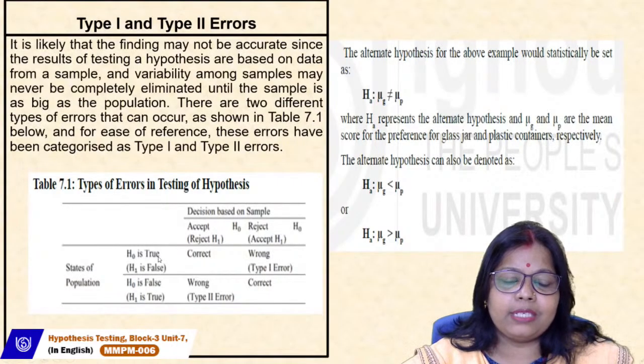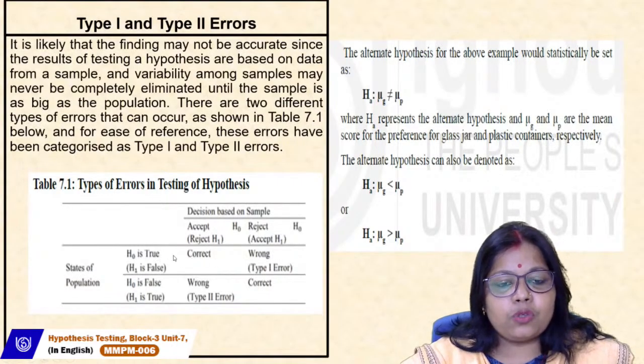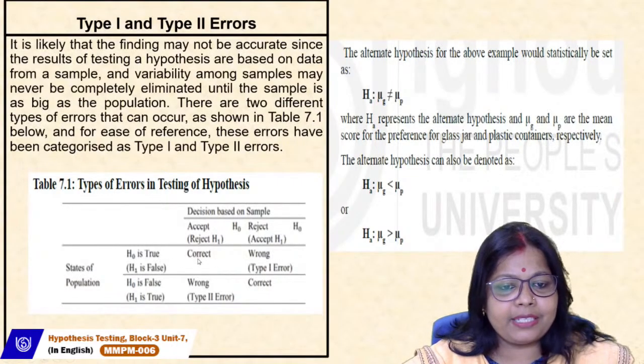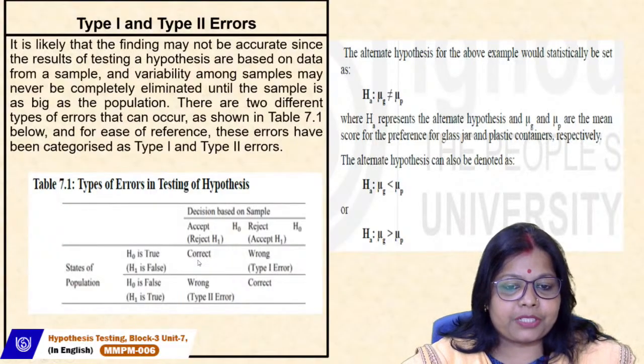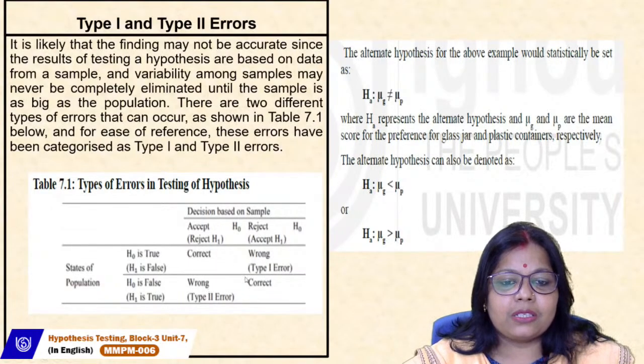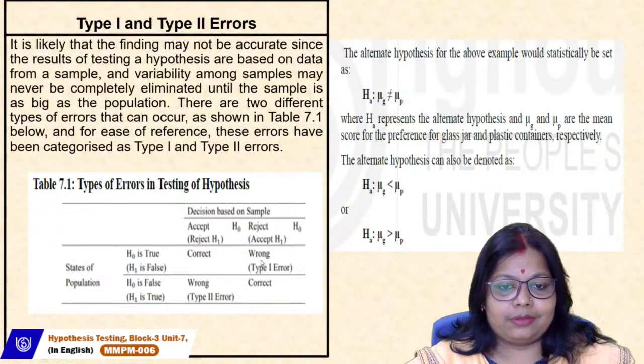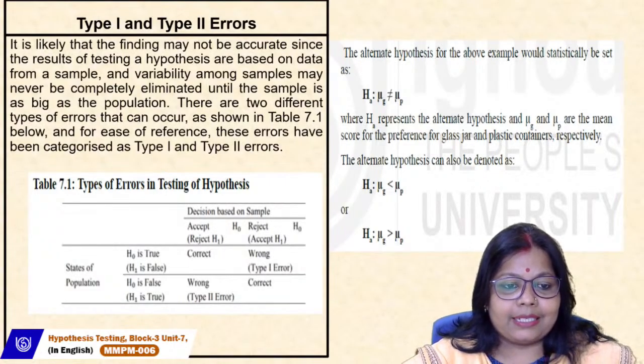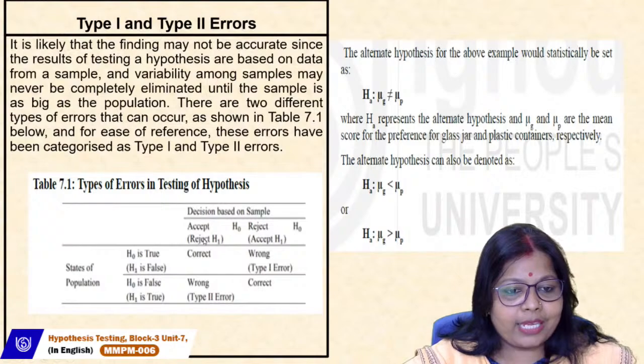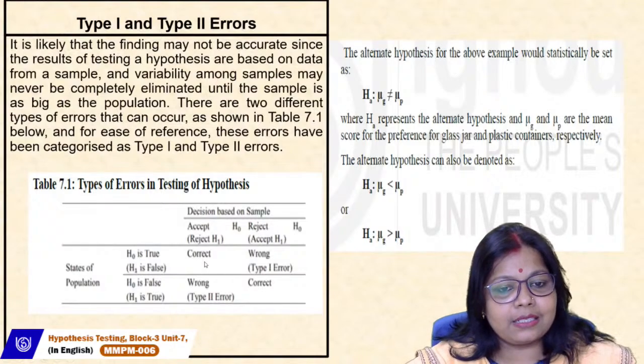Suppose I found it is true, then I accept it definitely. But suppose it is true, but I am saying it is wrong. H0 is true and we are accepting it, it is a correct action.